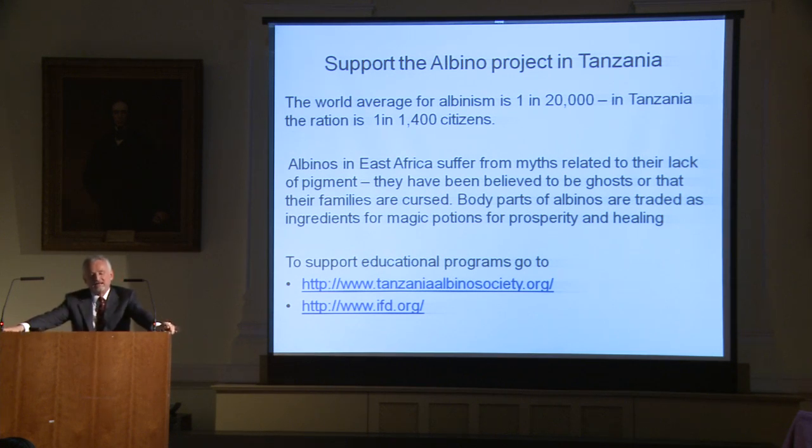Now, the International Dermatology Foundation and the International League of Dermatological Societies have an activity in Tanzania, in Moshi. And why there? Because Tanzania is a hotspot of albinos. For a reason which is not completely known, 1 in 1,400 people are born as albinos with this mutation, whereas in the rest of the world it is 1 in 20,000.